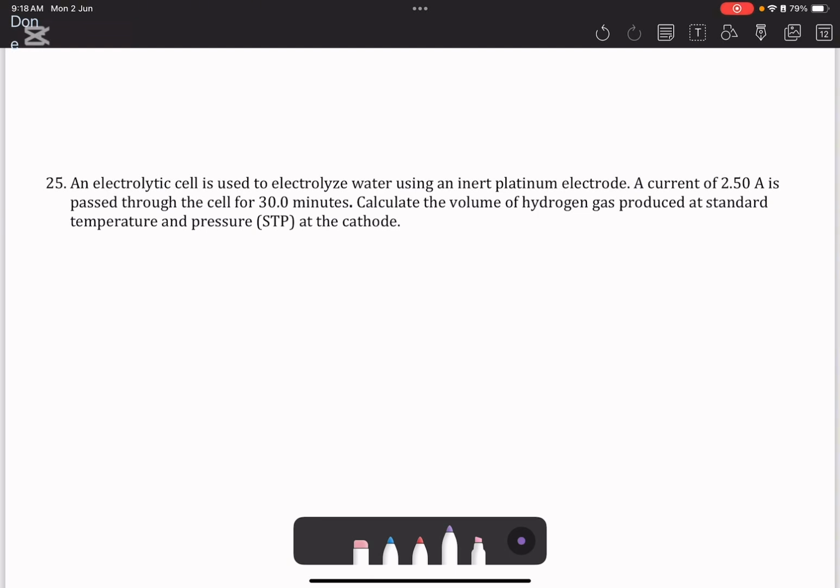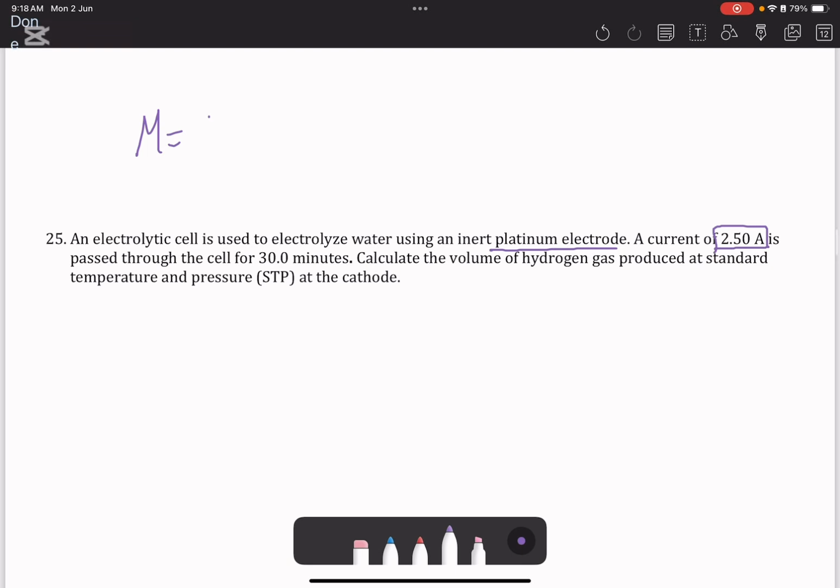Let's take the first example. An electrolytic cell is used to electrolyze water using an inert platinum electrode. A current of 2.5 A. So again, I'm just going to write the formulas here on the screen so that you can still see them: I and t, Faraday, molar mass, and mole.